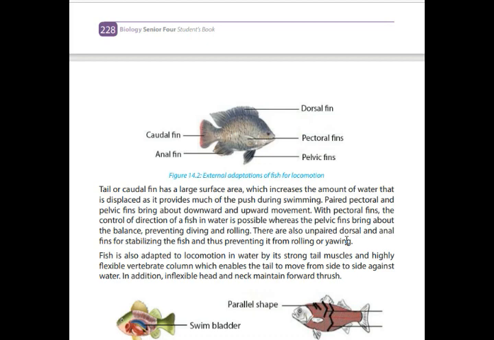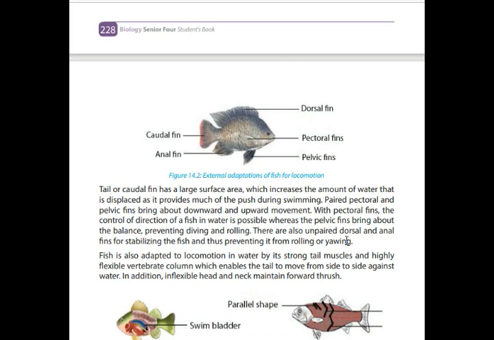Internally, a fish is adapted to swim by swim bladder and muscles. You see their head, this part is inflexible and their neck is inflexible, for focusing on the forward movement.